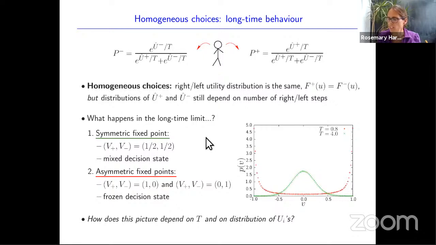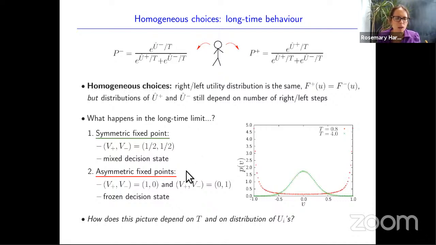Well, perhaps you can convince yourself that there are a couple of things that might happen. Perhaps you might say, well, the problem is a priori symmetric, so what I expect to happen in the long time limit is that U hat plus will be asymptotically the same as U hat minus. Both the probabilities will be about half. A fraction of half the steps will be right, half will be left. I'll be in a kind of mixed decision state where the agent is sampling both choices.